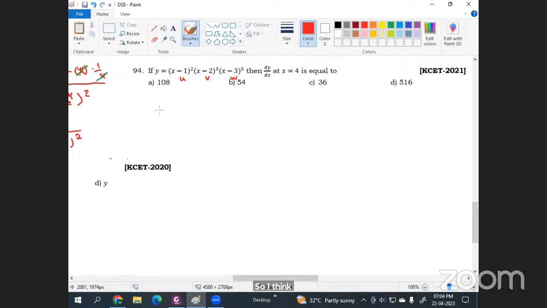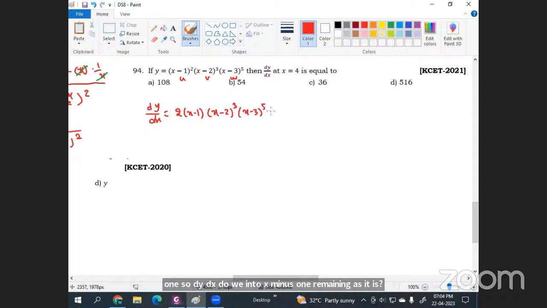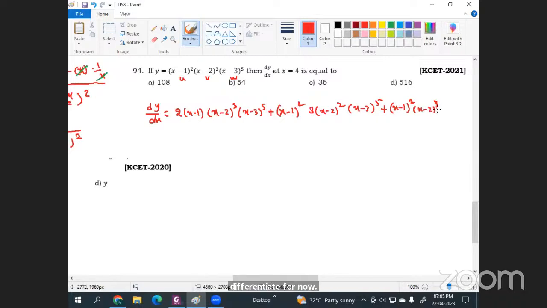First I'll differentiate this one. dy by dx equal to 2 into (x minus 1), remaining are as it is, plus, second one you differentiate: (x minus 1) whole square, 3 into (x minus 2) whole square, (x minus 3) whole power 5, plus, third one you differentiate: (x minus 1) whole square, (x minus 2) whole cube and 5 into (x minus 3) whole power 4. Now put x equal to 4.